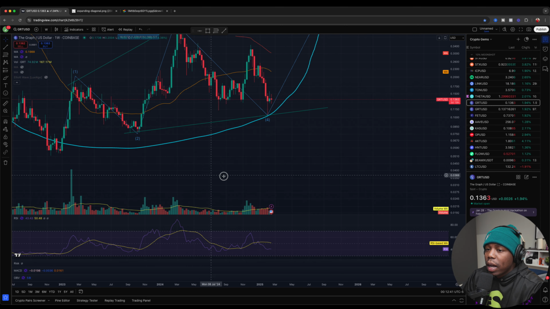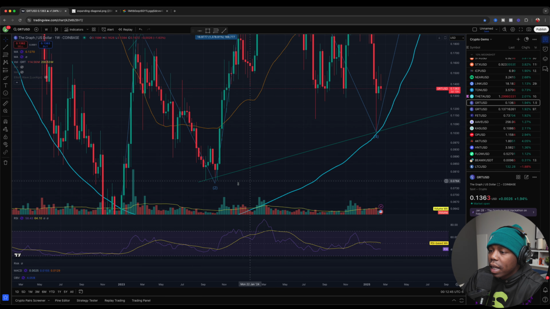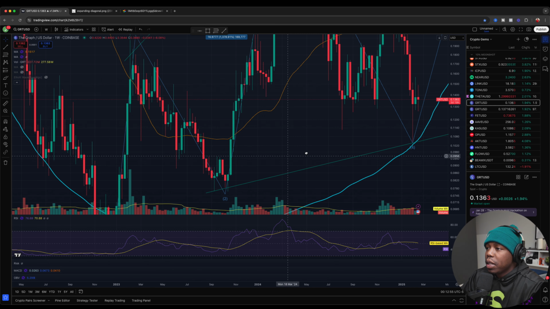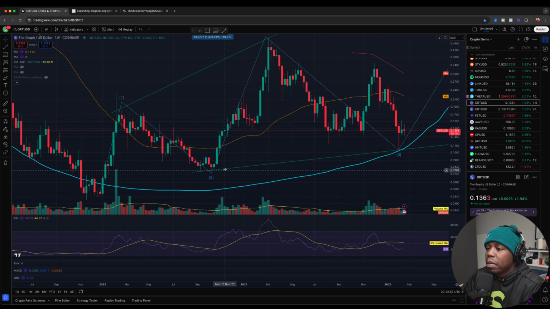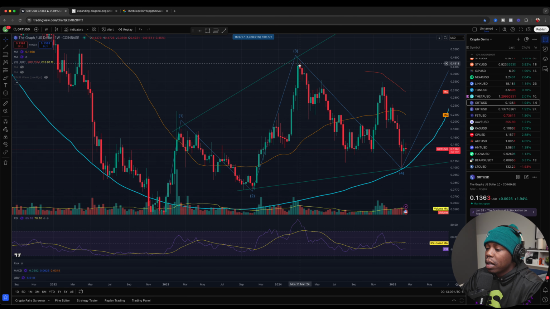And if you see right over here, even though it's a very small engulfing candle, this wave 2 was completed and this green candle barely broke above this red candle, but that is a bullish engulfing candle. And you see, we made a massive move up from there, going from 8.5 cents all the way up to almost 50 cents over several months.